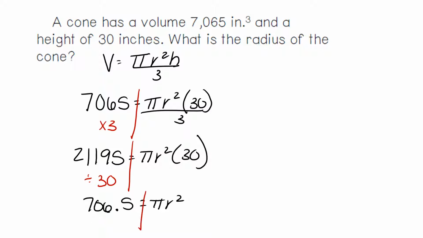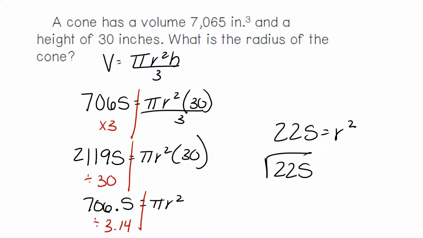Dividing by pi, 3.14, is going to give us 225. To solve r squared, the opposite of the exponent 2 is the square root symbol. The square root of 225 is 15. The radius is 15.